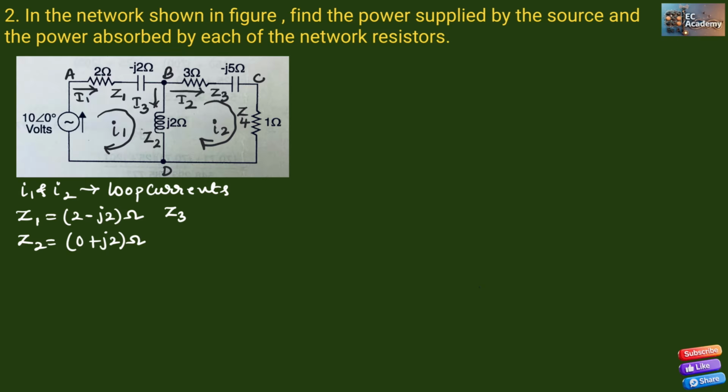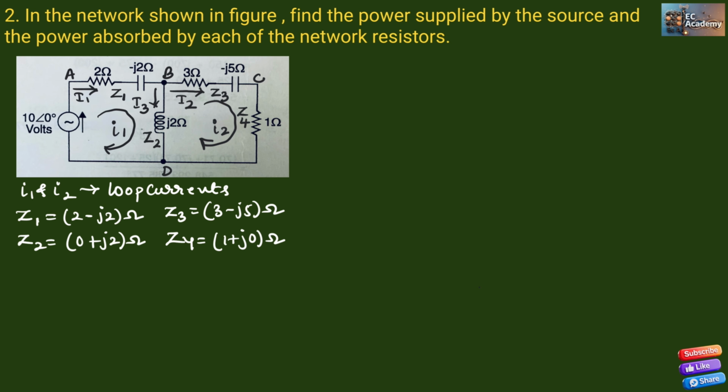Z3 is equal to 3 minus J5 ohm, and Z4 is equal to 1 plus J0 ohm. Here J0, because there is no AC component in the branch C and D. We have only the resistance, which is equal to 1 ohm.